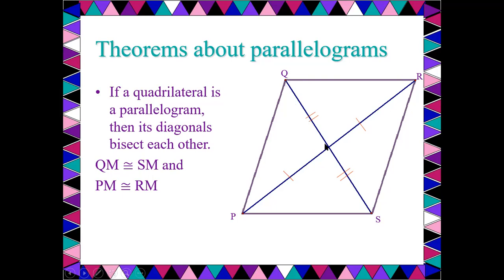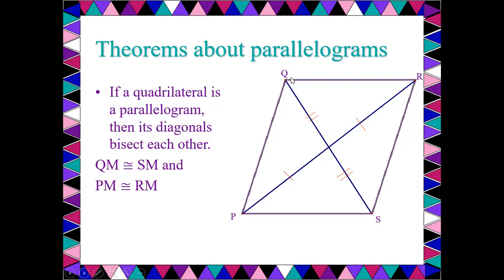Suppose that this is point M. So, QM is congruent to SM. Kasi binisect siya nung isang diagonal. And then when the diagonal bisected the other diagonal, then we form two equal parts of the line segments. And then another one, line segment PM is congruent to line segment RM.